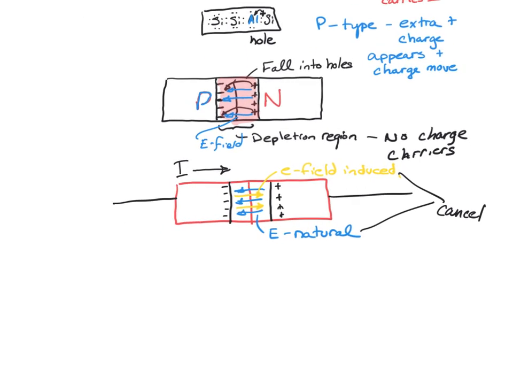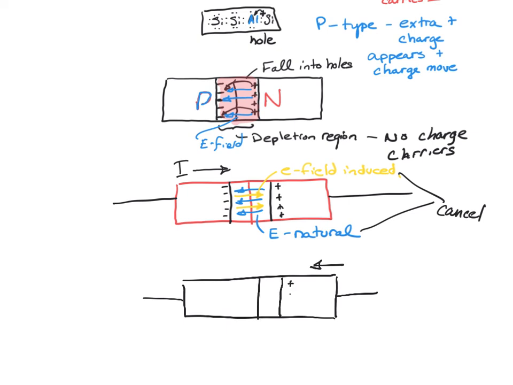Now, if I do it the other way around, I'm going to draw another PN junction. I'm going to try to put current in the other direction. Here's my original depletion region. And now here's the E field that had been set up because of that depletion region. Now, what's happened is the E field that I'm trying to put in with this induced current, there's the induced current trying to go in.